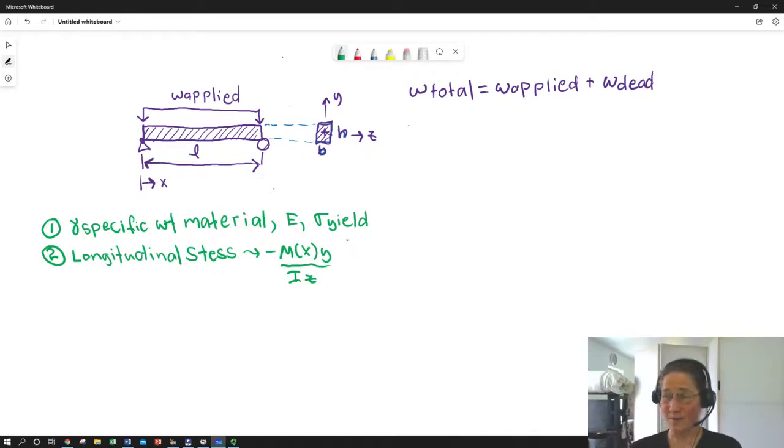Okay, so from a design standpoint, we really don't care where it is, just anywhere. We want to know where this is maximum, so we're going to compare that to the max needed.